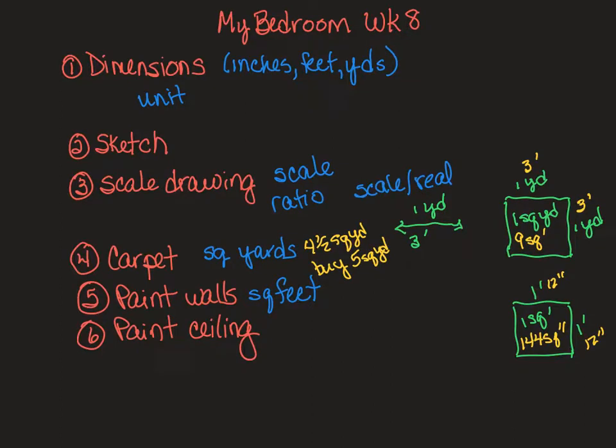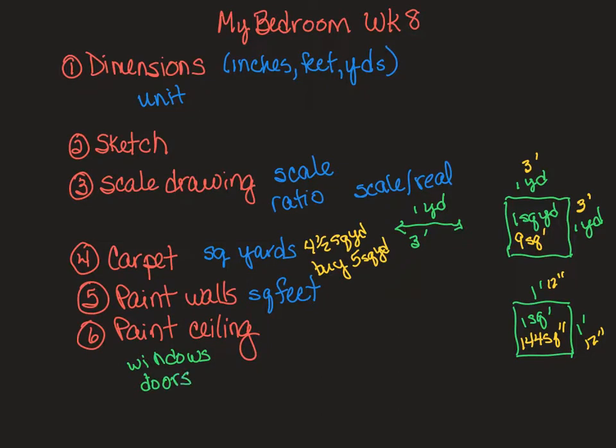When you're painting, it's the same thing. Each gallon covers 400 square feet. Now, here's another thing to think about. Are you going to paint your windows? Are you going to paint your doors?